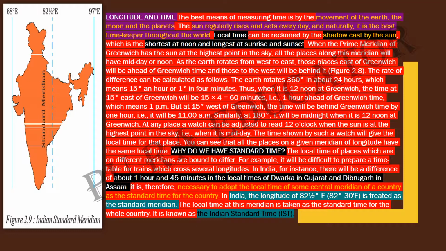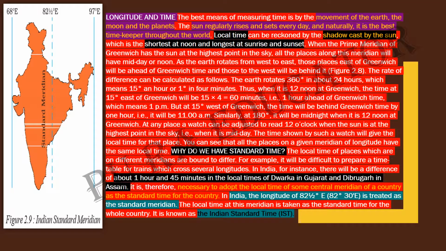Local time can be gained by any person, because your own shadow cast is the method through which we can get the local time. Whenever your shadow is the shortest, it is noon time, and when your shadow is longest, it is sunrise or sunset.